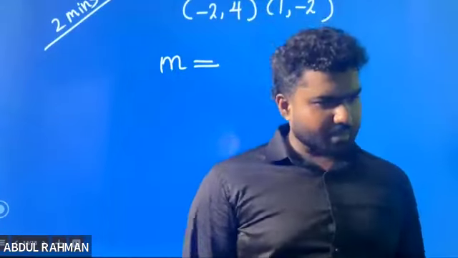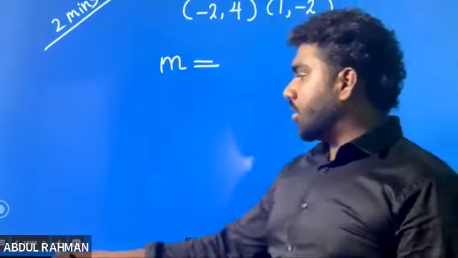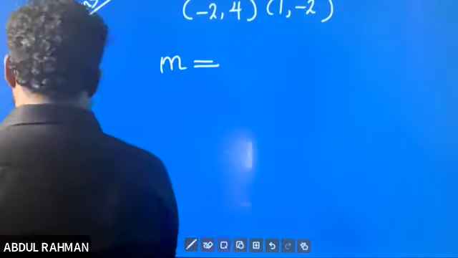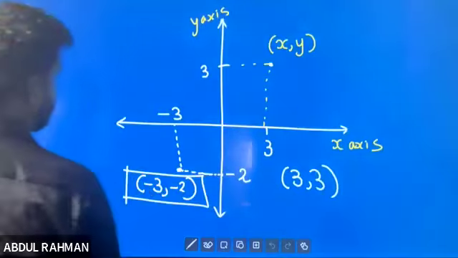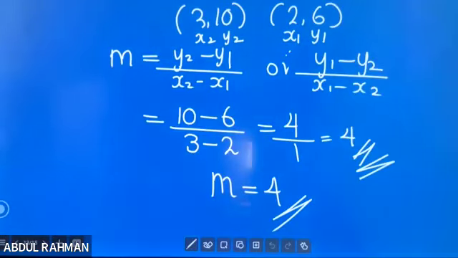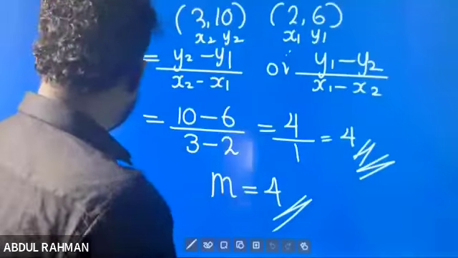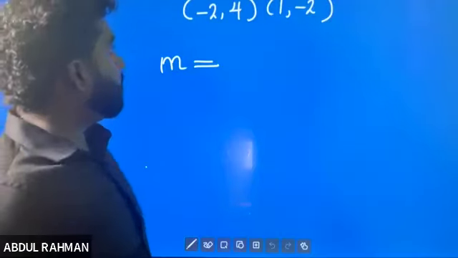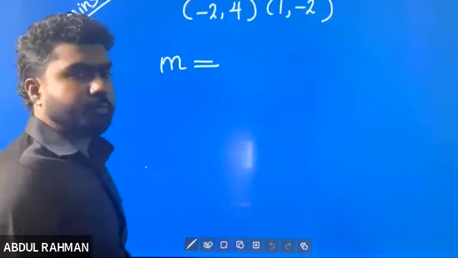Why? Sir, in the previous question, all were plus. In the previous question, every coordinate was plus. It was easy for me to do. But in this, I have minus values also. Okay, fine. Let me address that problem.